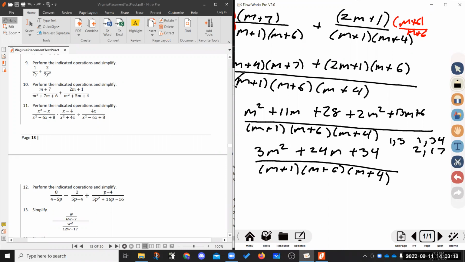Nope. 2 and 17 is close with 1 and 3, but no, that's not going to happen. 6 plus 17 is 23, not 24. So nope, this is prime. It's not going to factor at all.